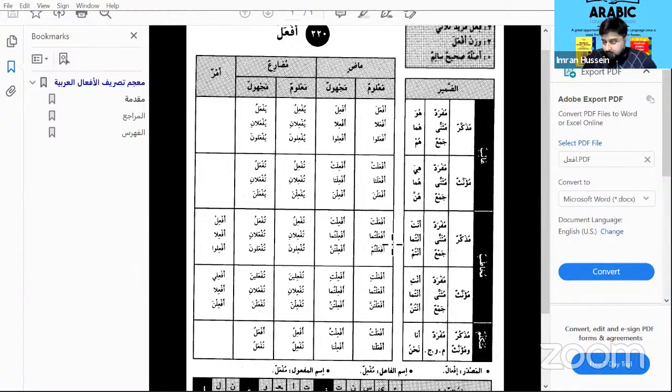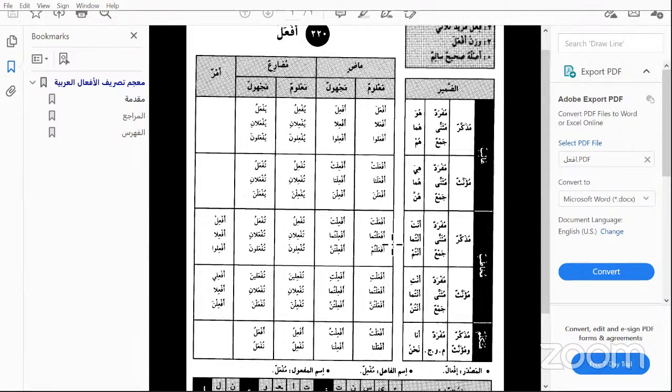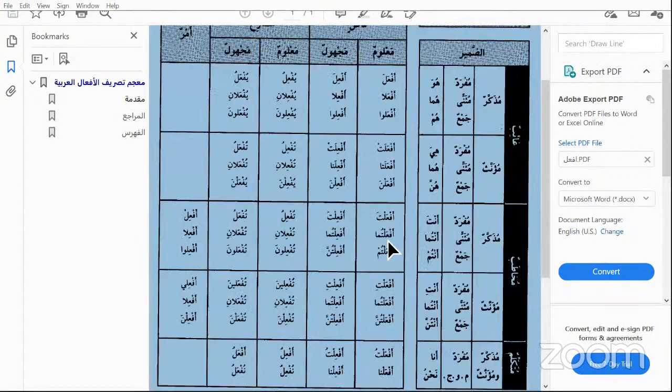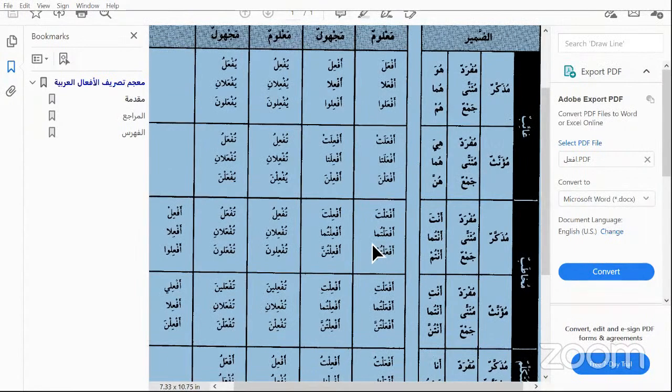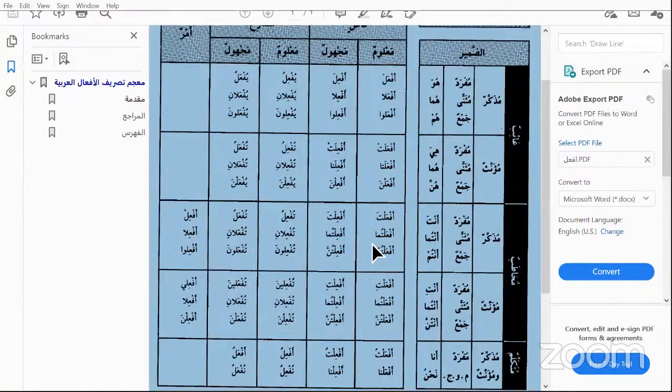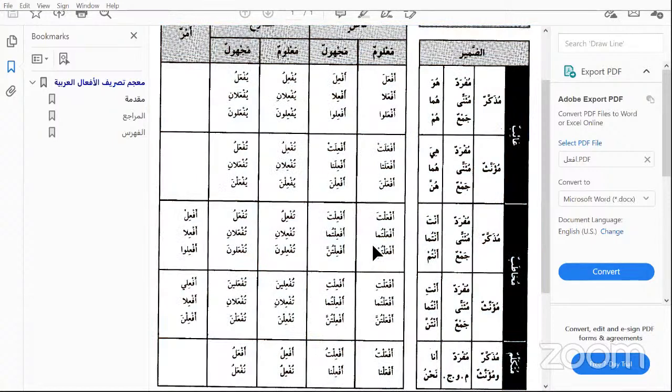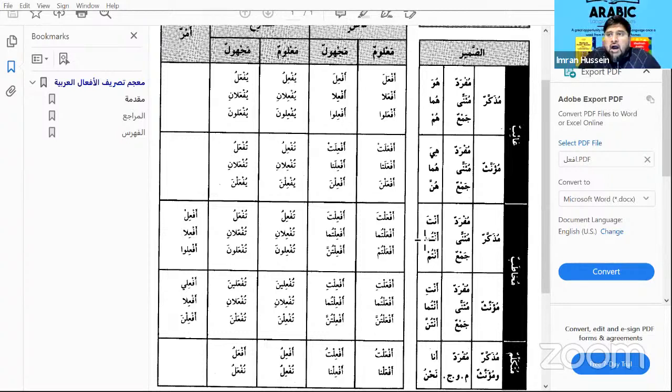Bismillah. Af'ala, af'ala, af'alu, af'alat, af'alata, af'alna, af'alta, af'altuma, af'altum, af'alti, af'altuma, af'altunna, af'altu, af'alna. Excellent. Can you conjugate akrama?